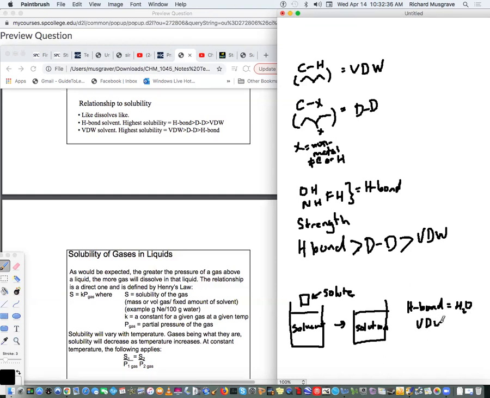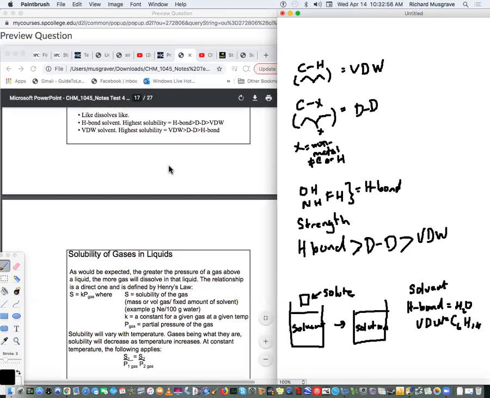And a van der Waals solvent might be, say, C6H14 or hexane, which is all carbons and hydrogens. So those are the solvents we're going to talk about. For an H bond solvent, the highest solubility is going to be hydrogen bonding, then dipole-dipole, and then van der Waals.